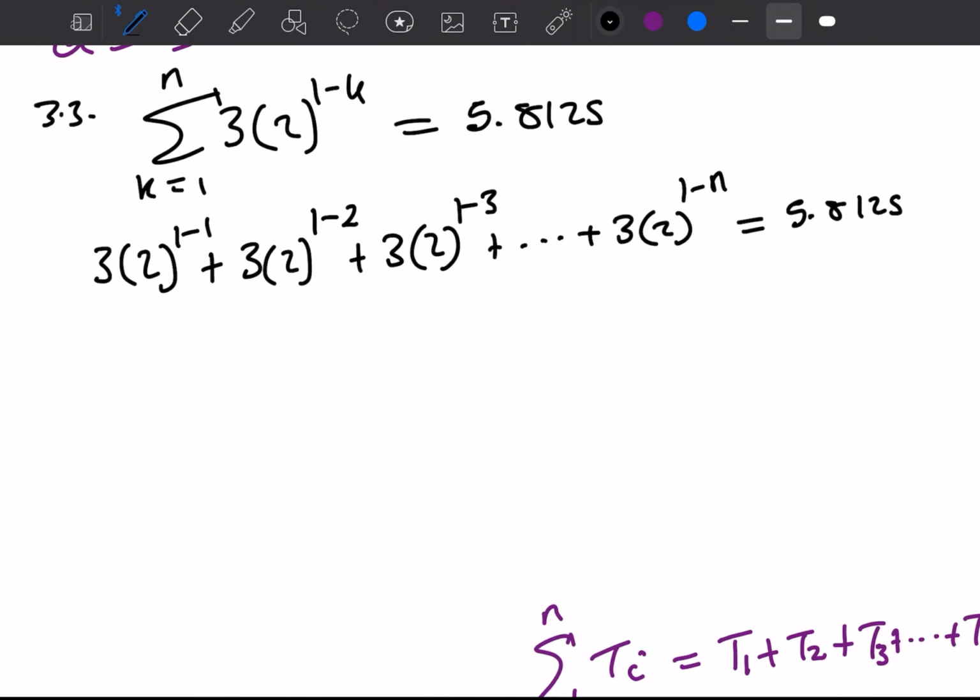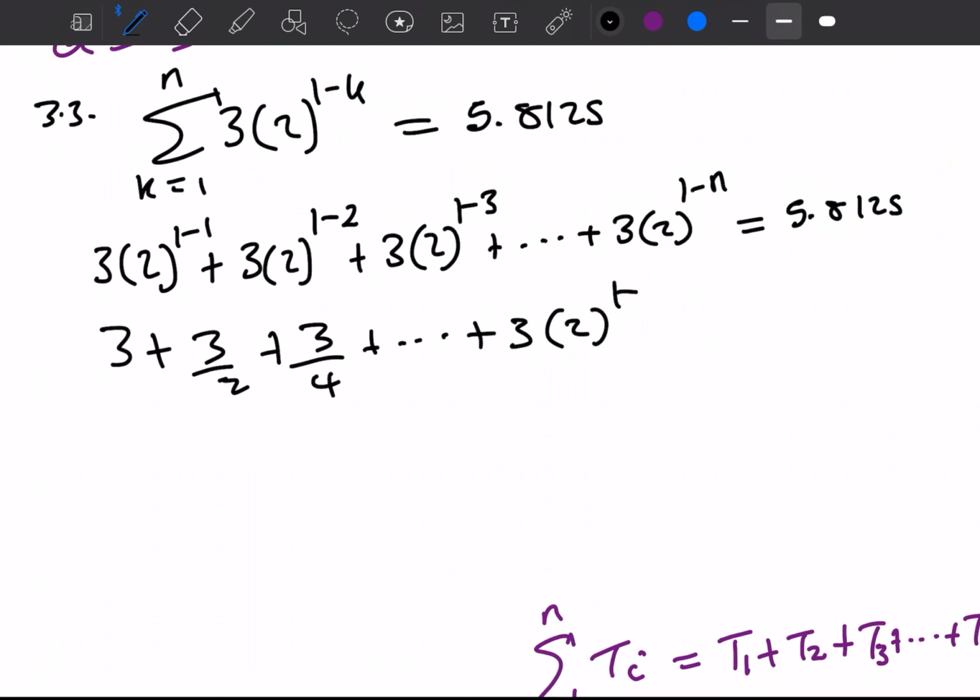If you punch this in your calculator, 3 times 2 power 1 minus 1, you're going to get 3, and 3 times 2 power 1 minus 2, that's basically 3 times half, which is 3 over 2, and 3 times 2 power 1 minus 3 is 2 power negative 2, which is 1 over 4, so that's basically 3 over 4, and we end up having the sum equal to 5.8125.